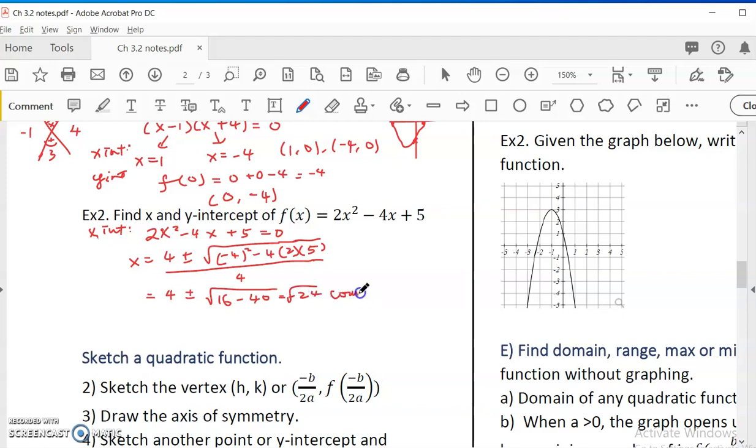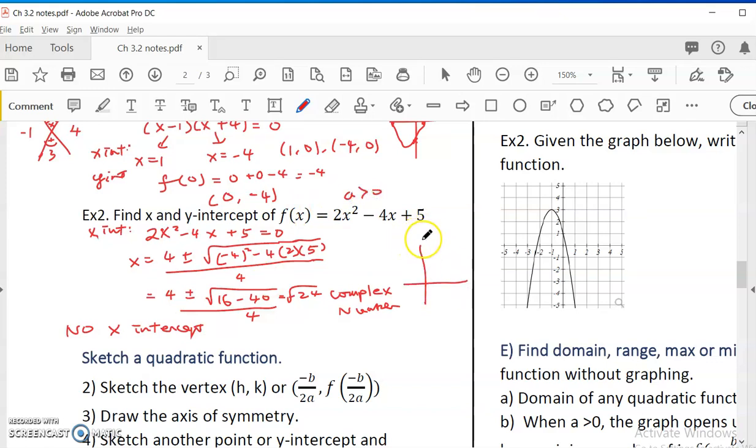If you want to, you can write square root of 24i, but there's no need because we're just solving for the x-intercept. So you say complex solution. That means there's no x-intercept. This is a parabola that faces up because A is positive, but it doesn't cut the x-axis.